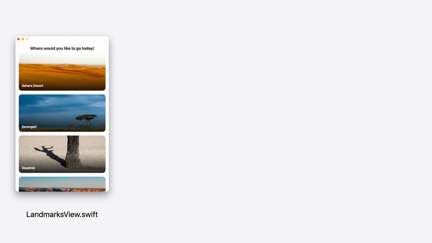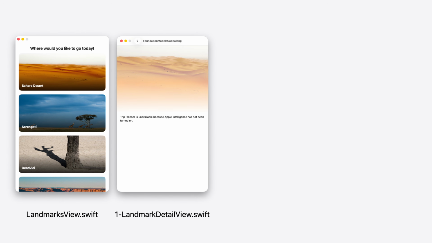Let's take a closer look at each of these views. The first screen is our starting point, the main list of landmarks. This is powered by landmarksview.swift. We won't be touching this file today. It's all set up for us to let us browse and select a destination. When you tap a landmark, you land on the detail screen. This view is controlled by the landmarkDetailView.swift file.